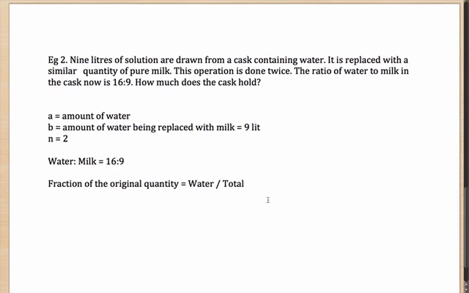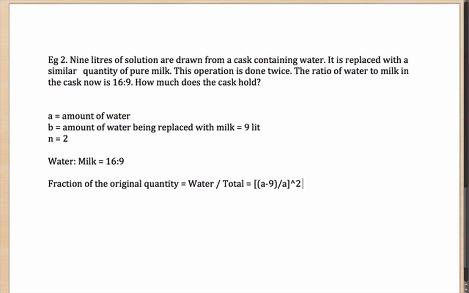So what will be my answer then? The original quantity initially was A minus, how much are we taking out and filling in again? 9, that is the value of B, divided by, once again, A, the original quantity. This is still (A minus B) by A to the power of N, which is 2.